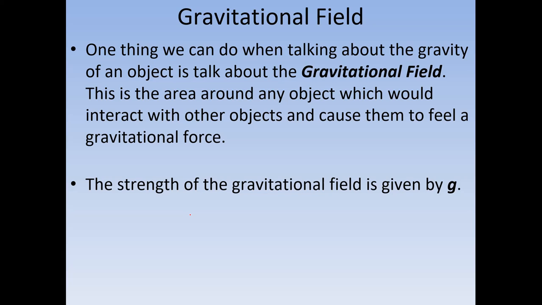But the strength of the gravitational field, we actually already did that. That's little g. Little g is the acceleration due to gravity, but it's also sometimes called the gravitational field strength. So we already have the equation that we could use to figure out the strength of this gravitational field around a planet.